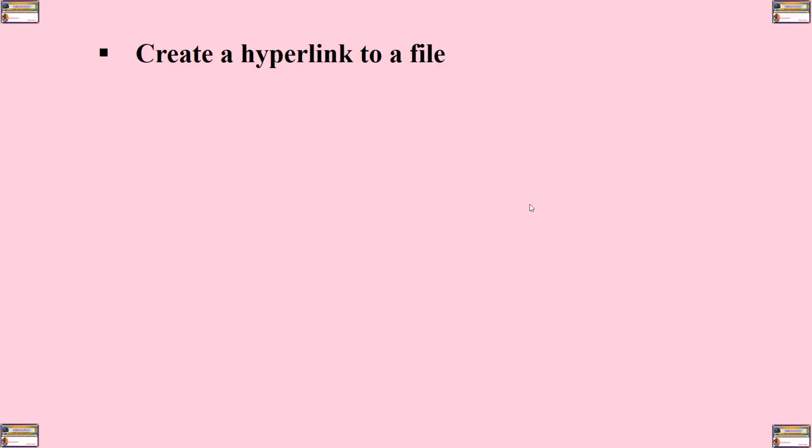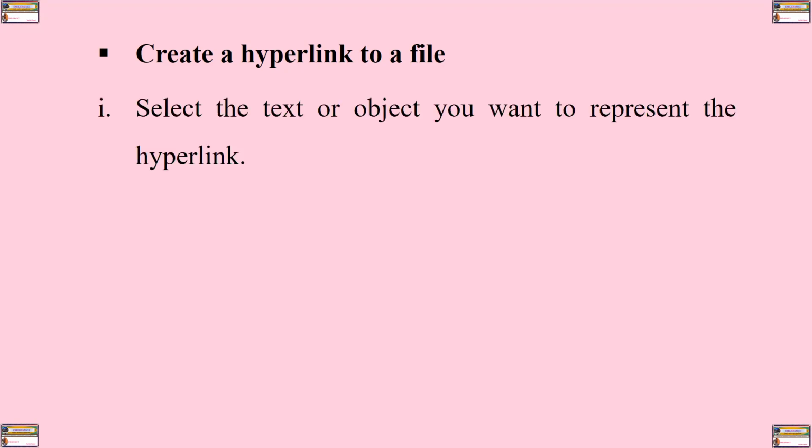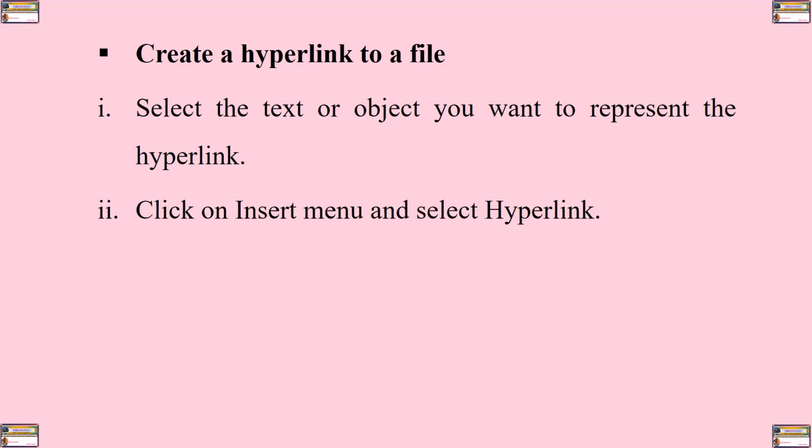We can also create a hyperlink to a file. How do we create a hyperlink to a file? If you want to create a hyperlink to a file, you select the text or object you want to represent the hyperlink. Then click on Insert menu and select Hyperlink.